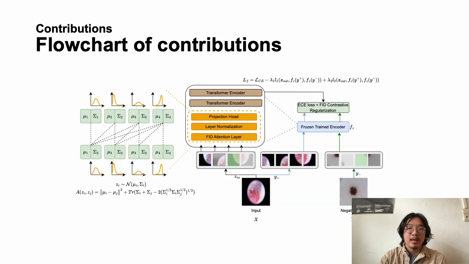And so this is the flowchart of the contributions. As we see here, we have the input of an ISIC 2019 skin lesion image, for example, and then as usual in a vision transformer, you split it and tokenize it.